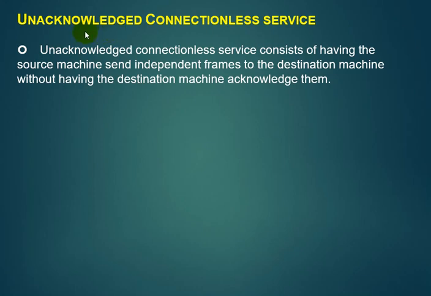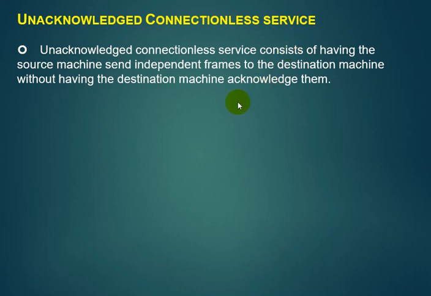If the sender is sending the message and the receiver is receiving the message, it does not send any acknowledgement. So there is no connection between them, it's just like wireless communication. That is one of the services provided to the network layer.